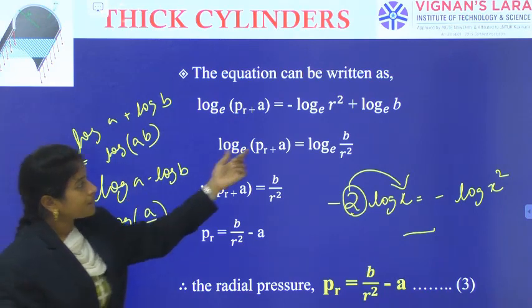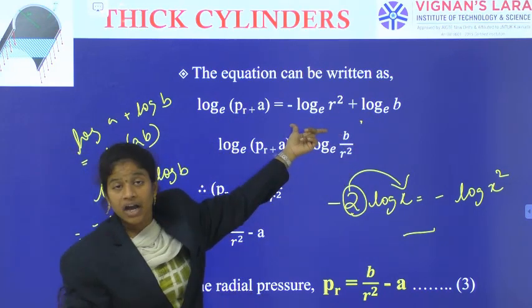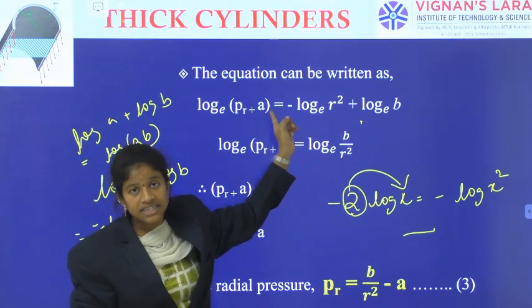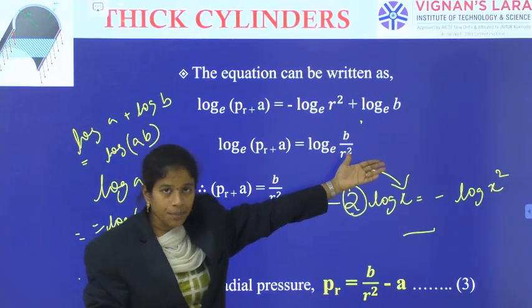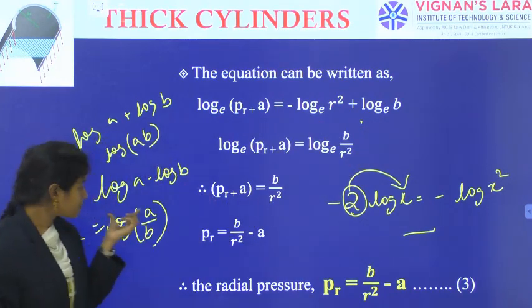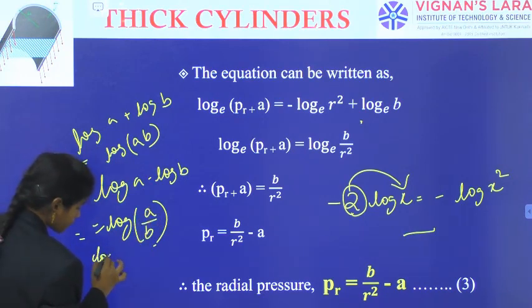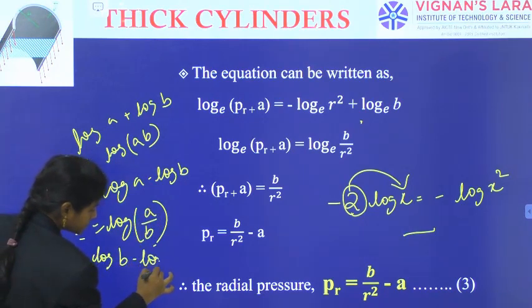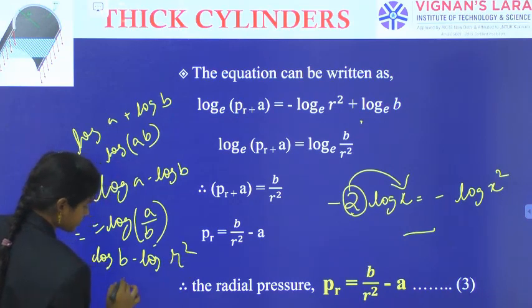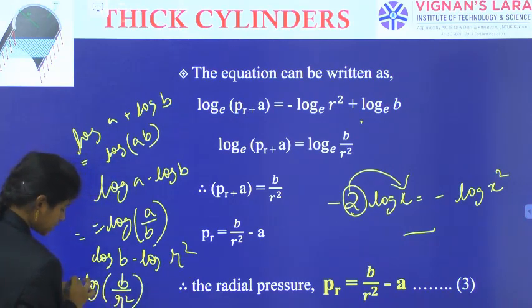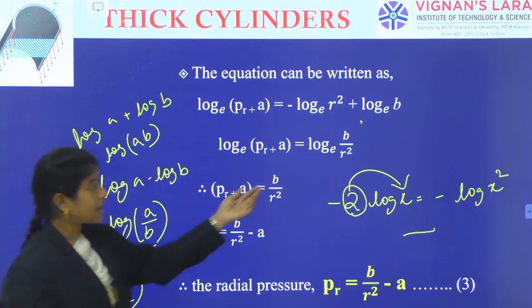Now see here, log b minus log r square, whatever is having minus, that you should keep, right. Okay, log b minus log r square, so log a minus log b is there, that's why a by b I can write, right? So log b minus log of r square, so b by r square, still a log function. Okay, log of b by r square.